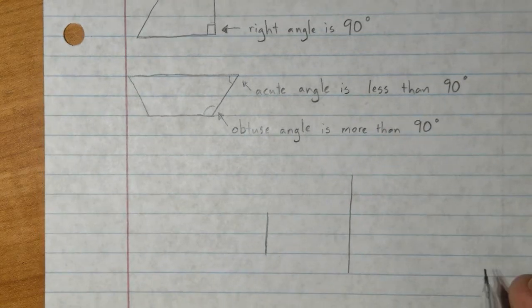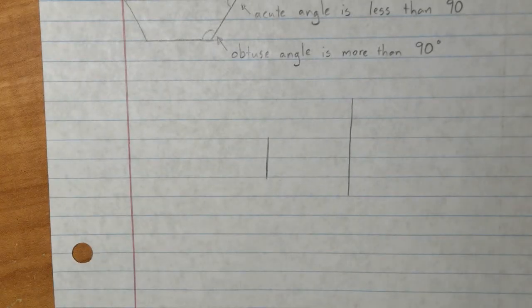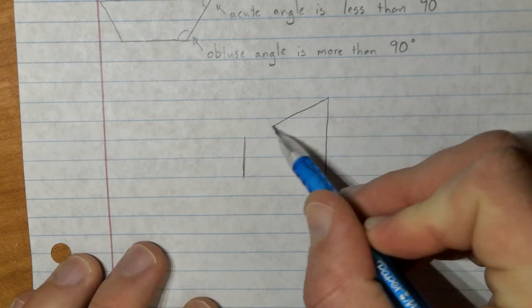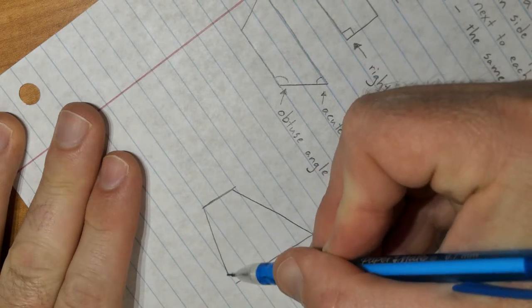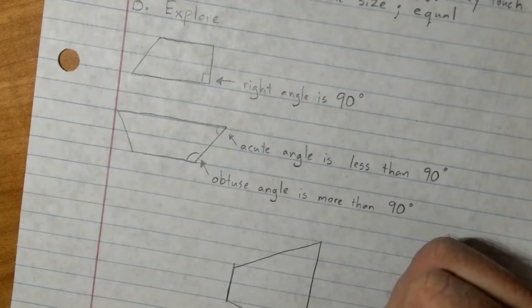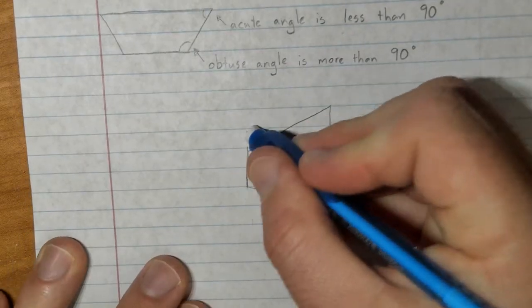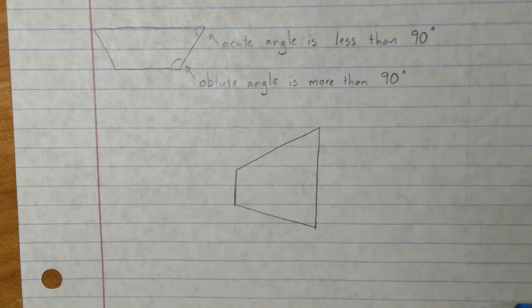Okay. And actually, let's make sure it's showing up on the screen there. There we are. I'm going to connect this. I'm going to connect this. Now, I'm not using a ruler. If I was using a ruler, it'd probably be a little bit better, but this should be fine. Okay. This is a trapezoid also.